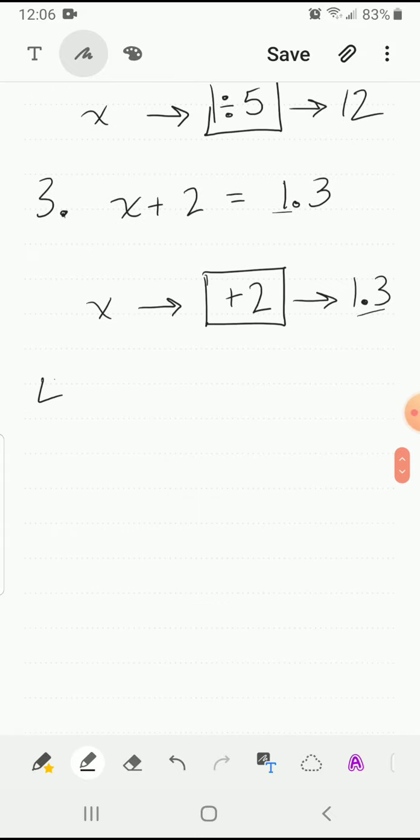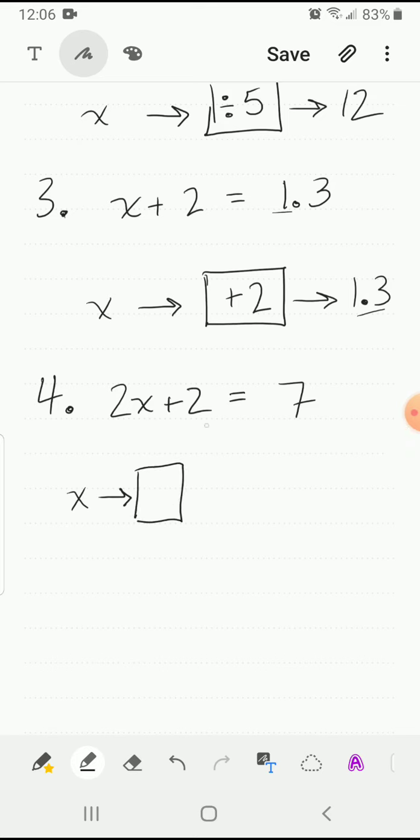Now, if we have question 4, what if we have more than one step? What if we had something like 2x + 2 = 7? Now we've got a couple of steps in here. Well, again, our input is going to be x. And we actually have 2 machines.